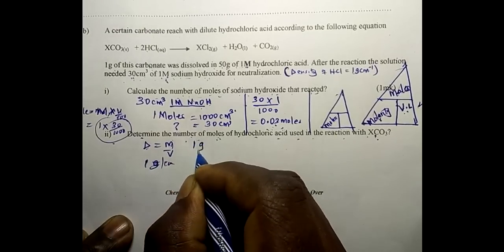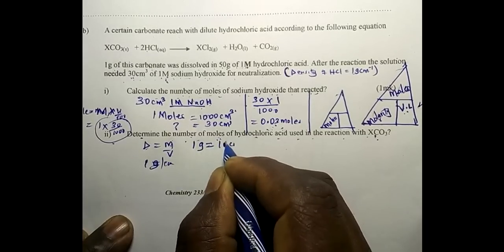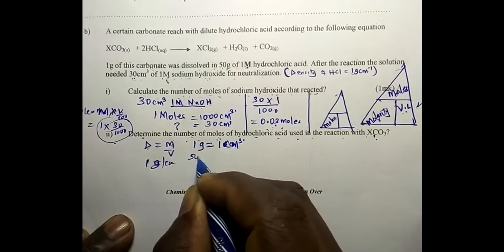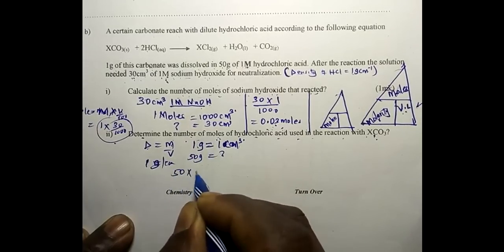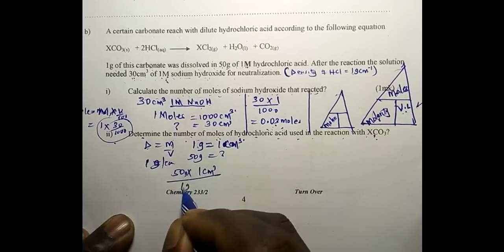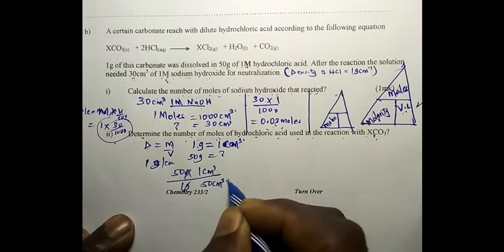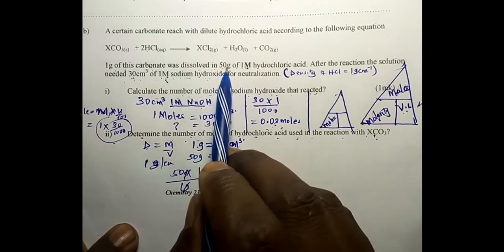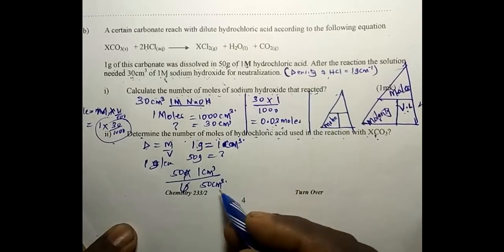It means that 1 gram of the acid is in 1 centimeter cube. So 50 grams of the acid will be what? It will be 50 grams times 1 centimeter cube, divided by 1 gram. So grams cancel, and we have 50 centimeters cube. In short, when the mass is given in grams, it is as good as centimeters cube when the density is 1. So you should know that.